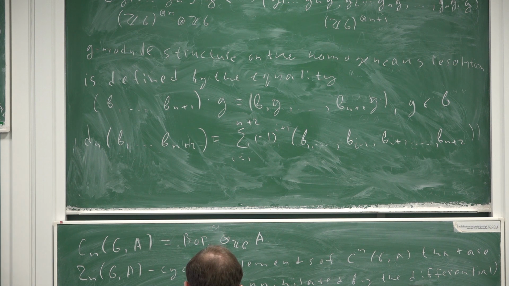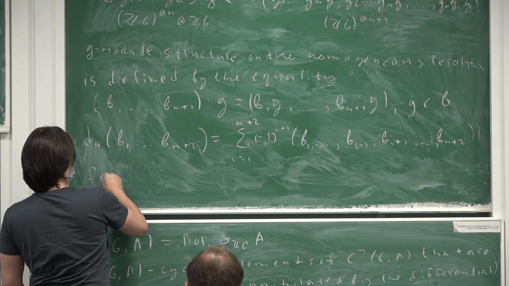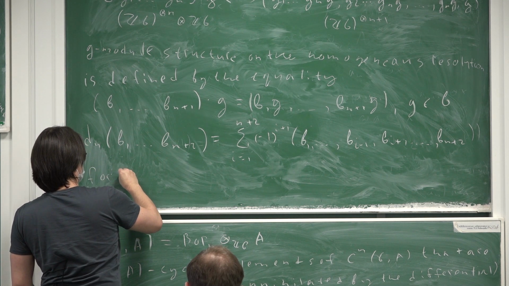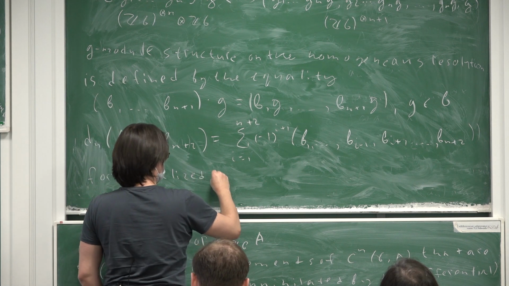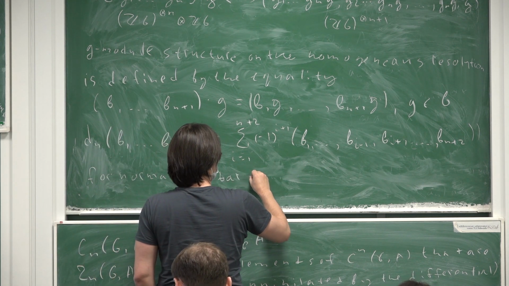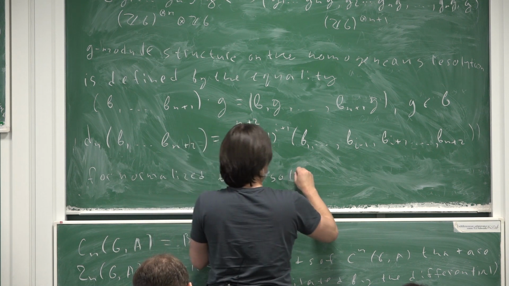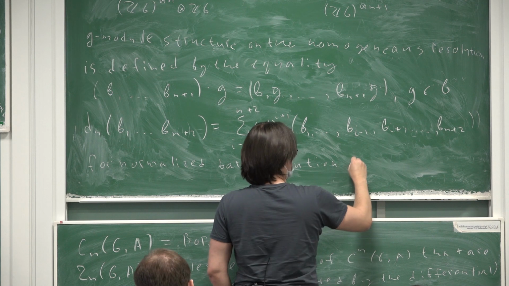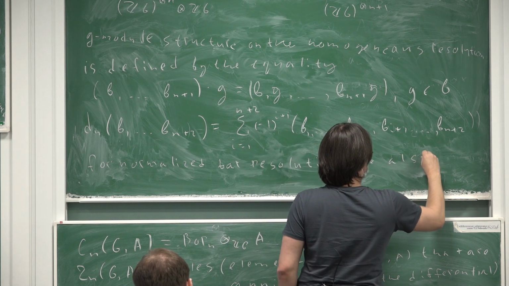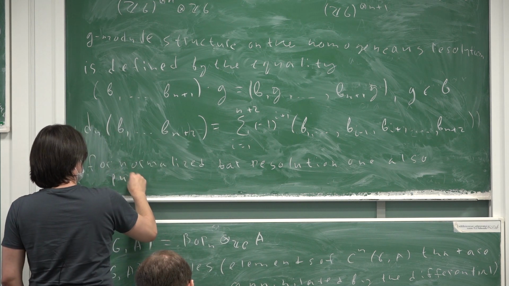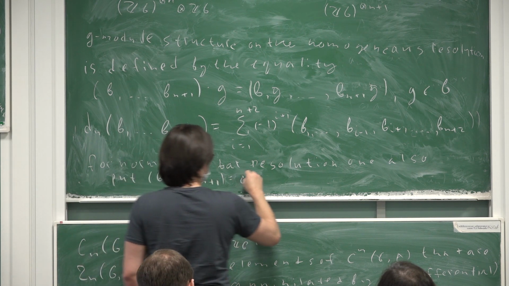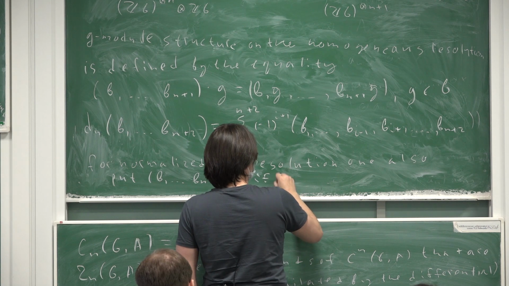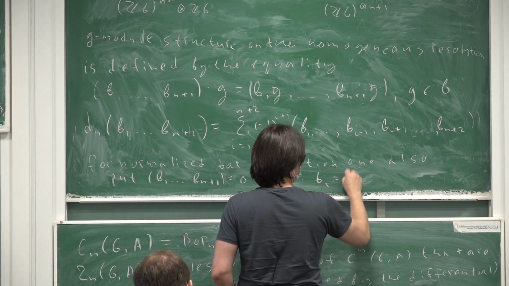And if you want to consider the normalized bar resolution, one also puts b1, so on, bn plus 1 equals 0 if for some i, bi equals bi plus 1.